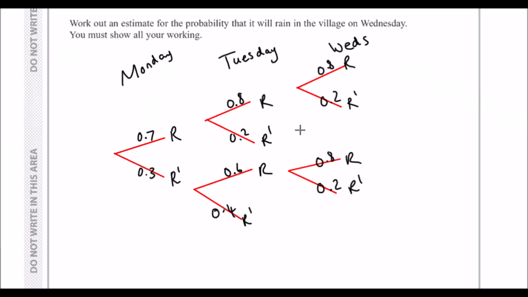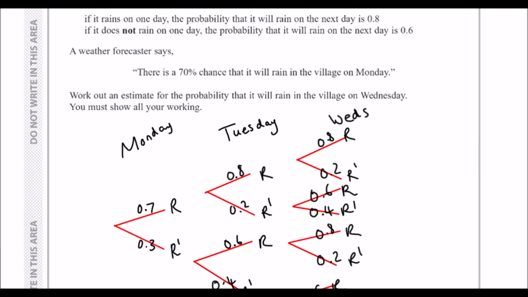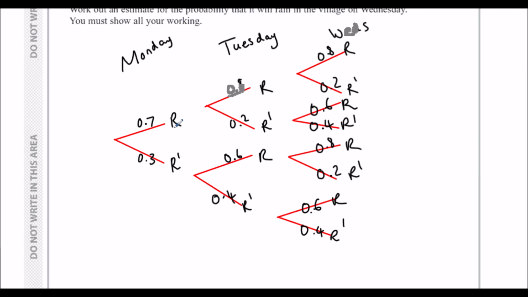And then if it didn't rain, which is here and here, so if it didn't rain on Tuesday, the chance of rain is 0.6, not rain 0.4, rain 0.6, and not rain 0.4. So what is the chance that it rains on Wednesday? So we've got this one, this one, this one, and this one.